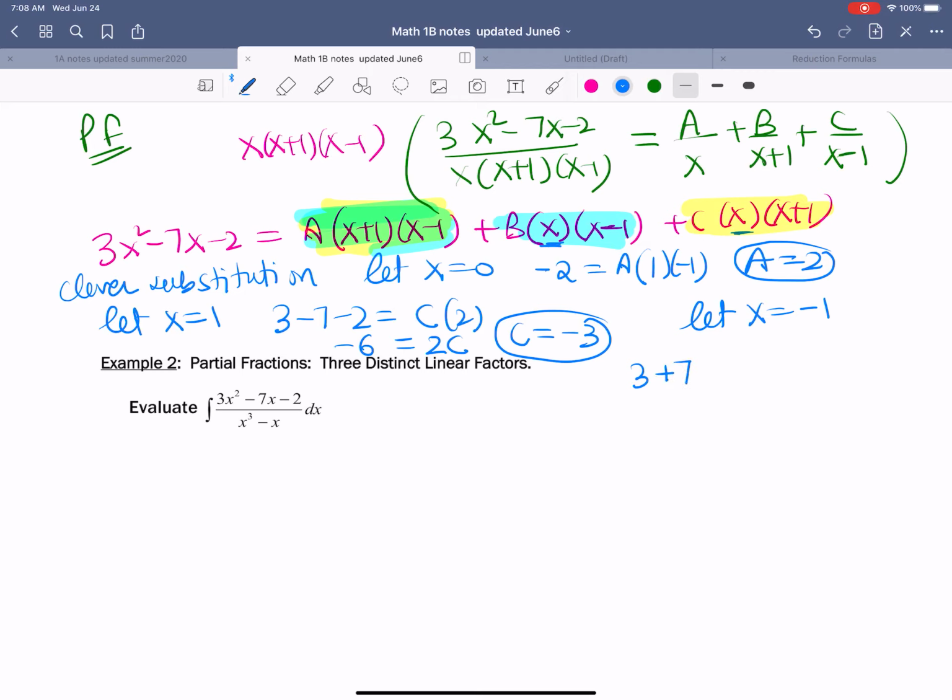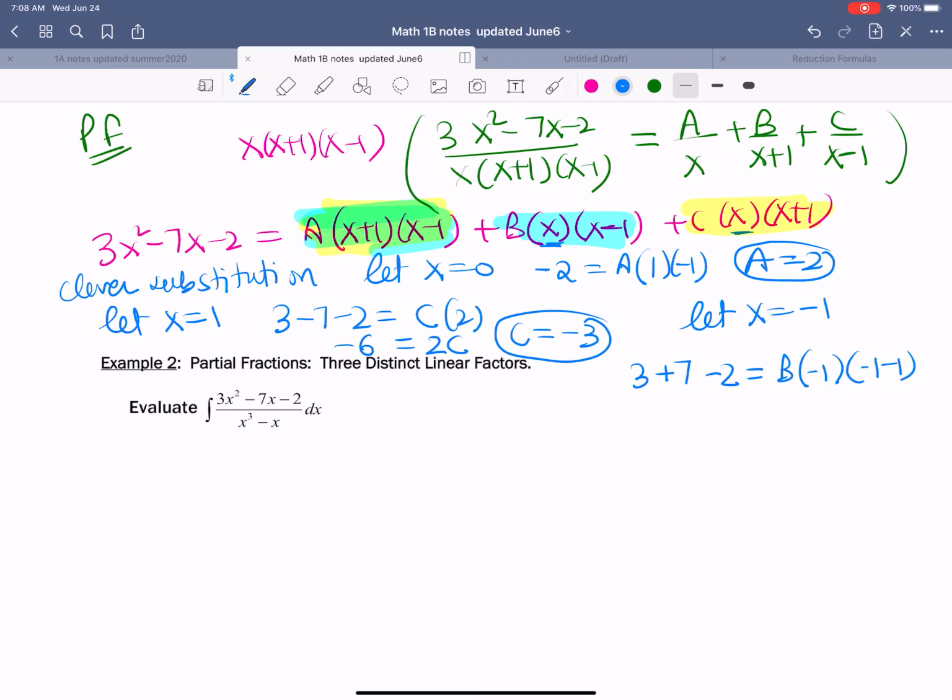Plus 7 minus 2 equal to c times negative 1 times negative 1. No, we won't be able to. We already found the c, so that's not correct. C will actually turn into 0. So I'm going to be left with b in this case when I call x as negative 1.